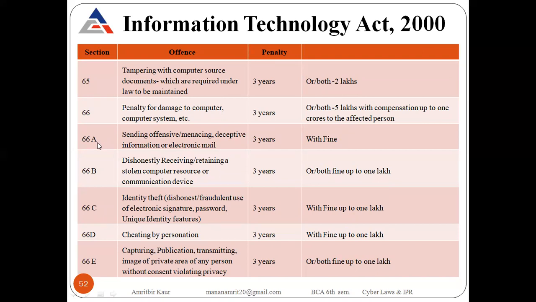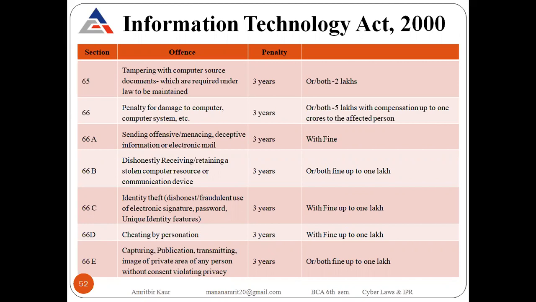Section number 66A, sending offensive information electronically. For example, somebody sends information to threaten anybody. In that case, the penalty is 3-year imprisonment with fine.